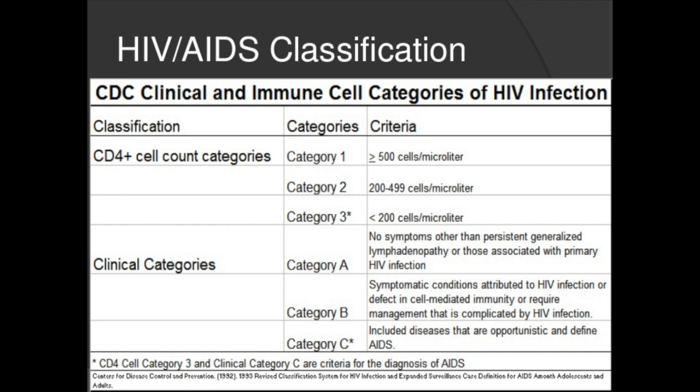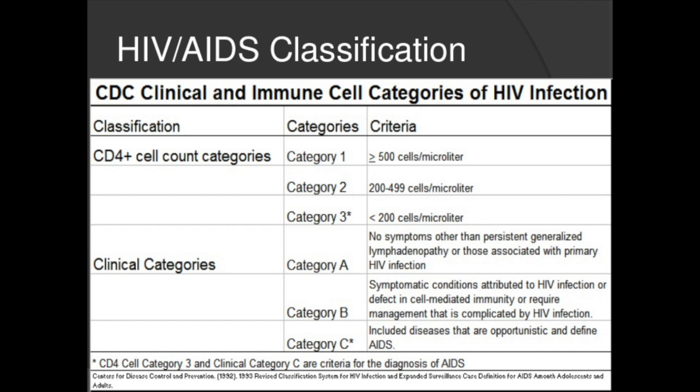For category 1, if there is more than 500 cells per microliter of blood, then it's within category 1, of course. Category 2 consists of 200 to 499 cells per microliter of blood. And category 3 depicts less than 200 cells per microliter of blood. And these are white blood cells that we are referring to when we say cells.